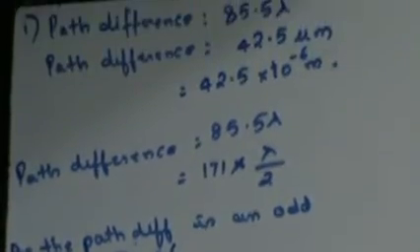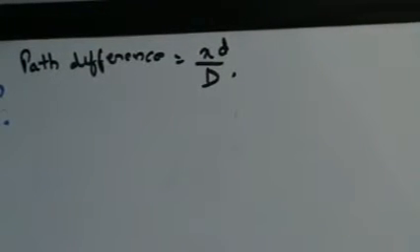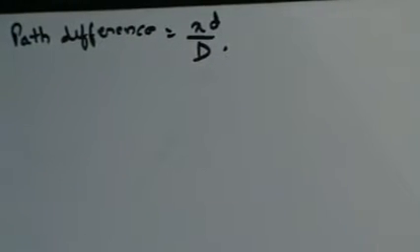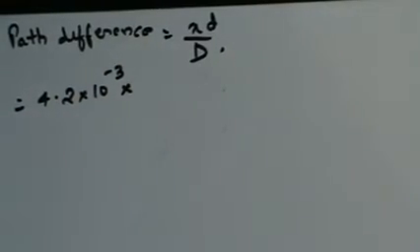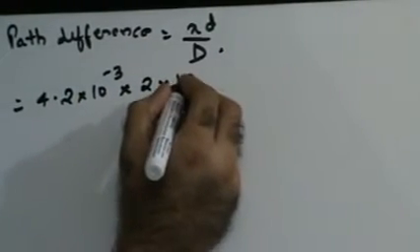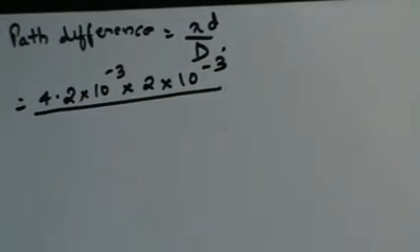Guys, let's see this. Path difference can also be given by the formula xd by D. When the distance of the given point from the center of the screen is given, then path difference is given by the formula xd by D. So I have the value of x, which is 4.2 into 10 raised to minus 3, small d is 2 into 10 raised to minus 3, upon capital D is 1.